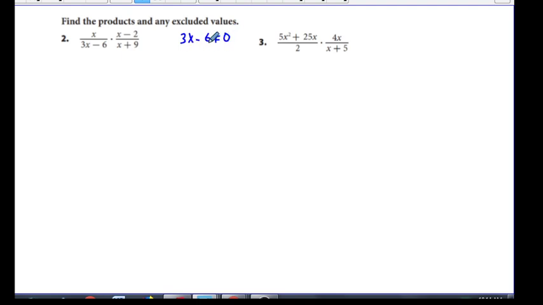Then we have a common factor of 3, so 3 times quantity x minus 2 is not equal to 0. So x cannot equal 2. And also x plus 9 cannot equal 0, so x cannot equal negative 9. These are what we call our excluded values.